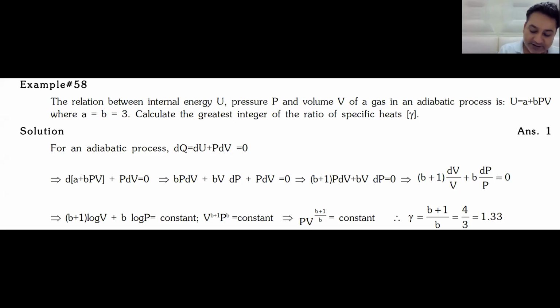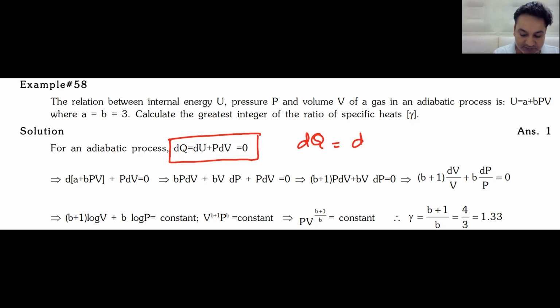So, for an adiabatic process, you know this, yes or no? dQ is dU plus PdV. The differential form of the equation, you know this, yes or no? Yes, sir.